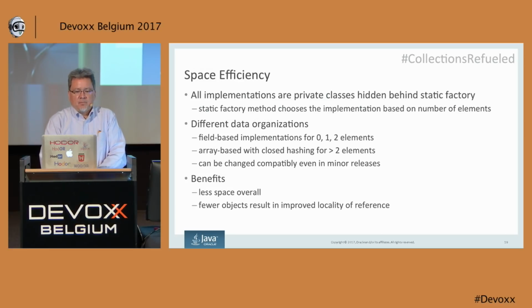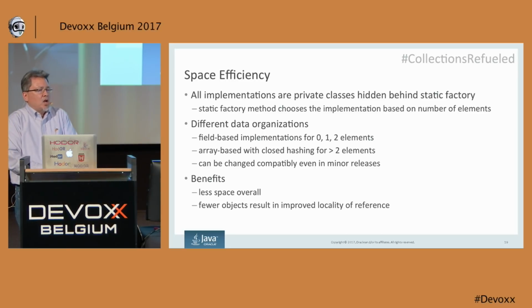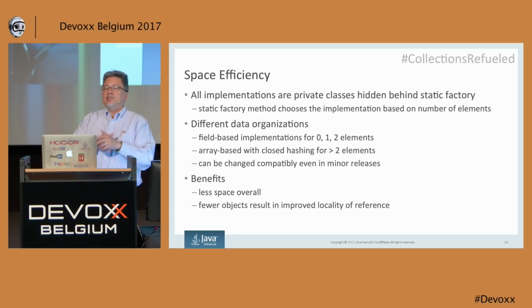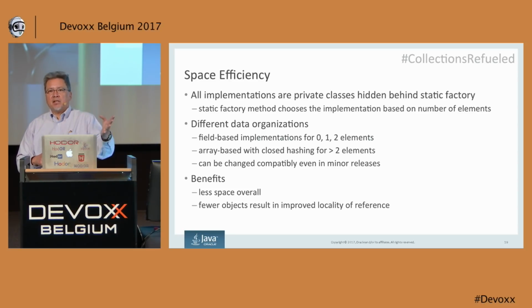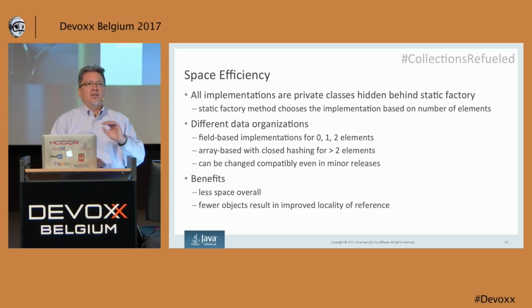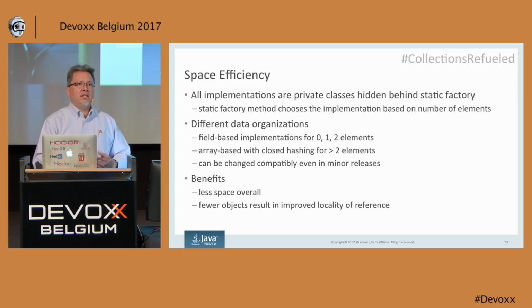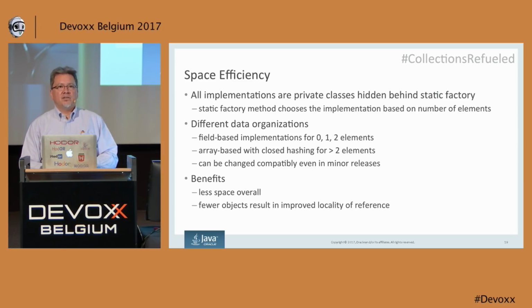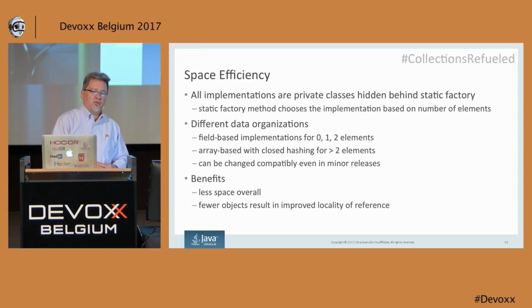All right, so here's an implementation concern about space efficiency. Most of the existing collections are public classes with public constructors. If you want a new array list, you say new array list, and you can add elements to it and so forth. The classes that implement these new collections are not public, and they're all protected behind static factory methods.